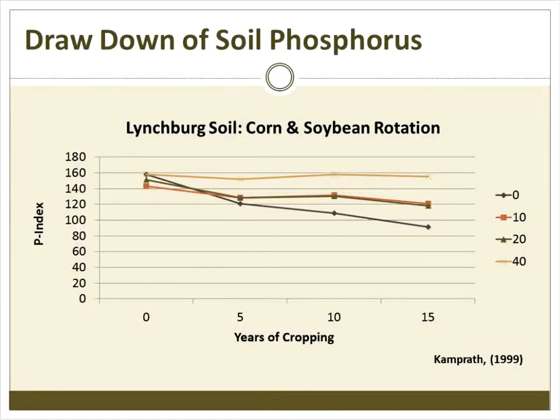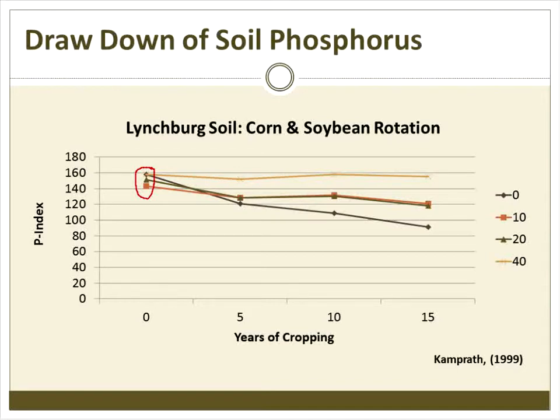So I mentioned that we're heading down this path of long-term problems. And what we have here is a study from Dr. Gene Camper, published in 1999, where we're looking at the Lynchburg soil, and they're growing a corn and soybean rotation on this particular soil. On the site, they started with phosphorus index values somewhere in the 140 to 160 range.